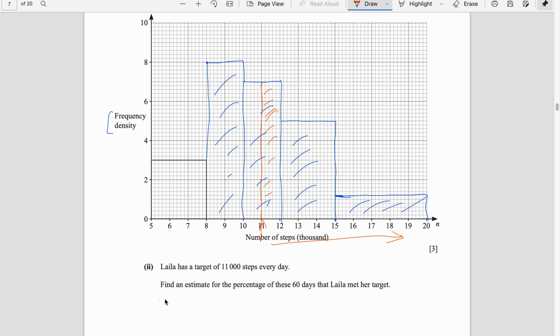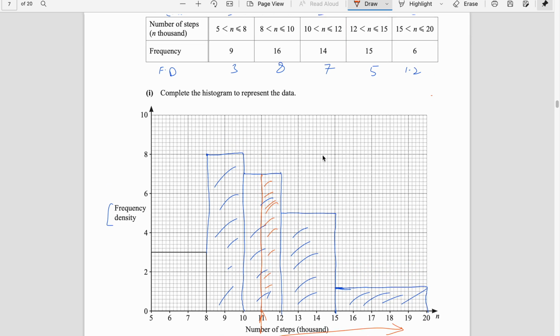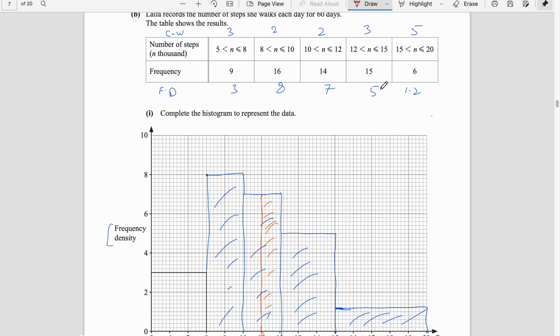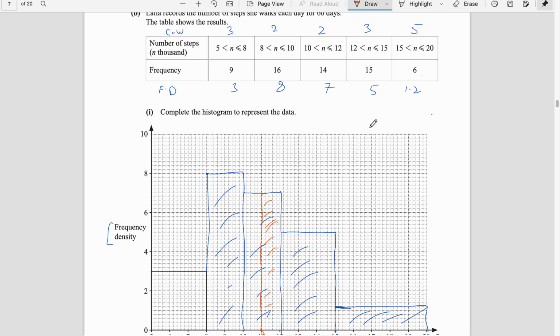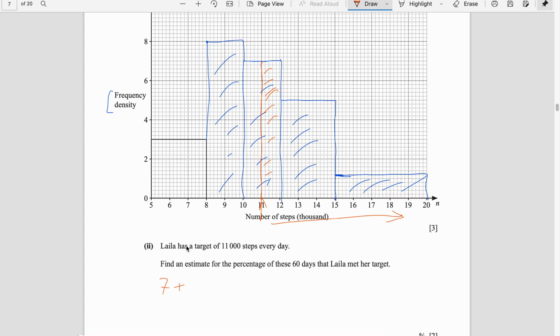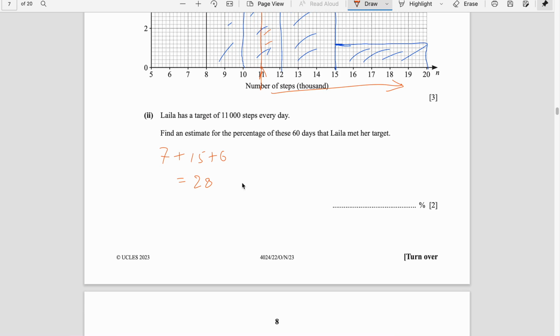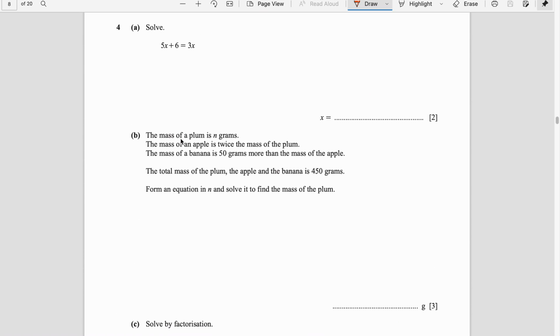So this is 7 days, and then we already know this area from the table, which is 15 and 6. Either you take this area or you note it from the given table. And 15 plus 7 plus 6 is 28 days. So for the percentage, 28 out of 60 days times 100, it is 46.7% of the time she was able to achieve the target.